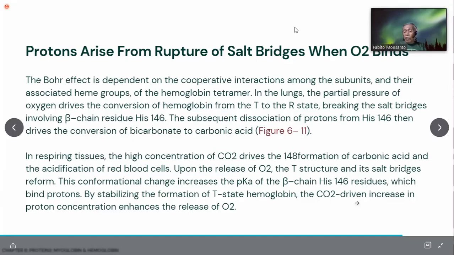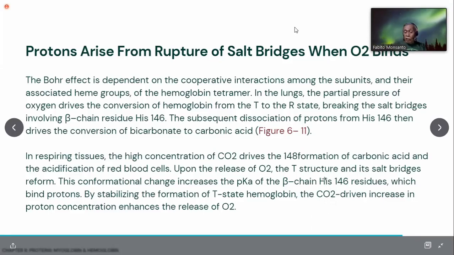In hemoglobin, the carbon dioxide driven increase in proton concentration enhances the release of oxygen. So this is what happens in the respiring tissue, where there is high CO2, which is responsible for kicking out the oxygen from the heme so that it can go to the tissue.